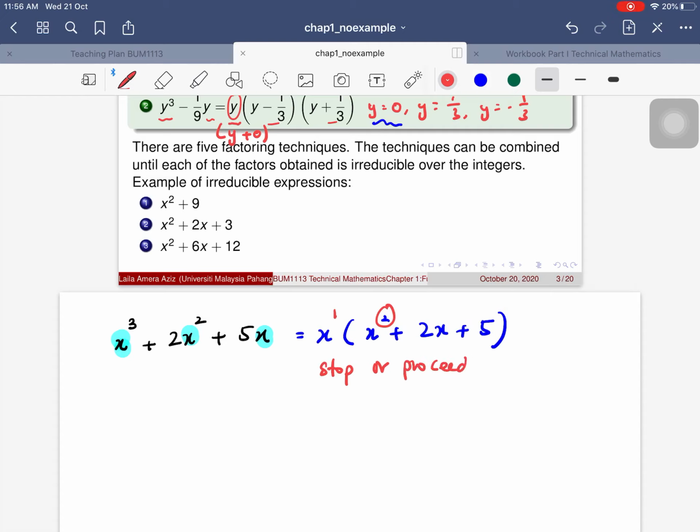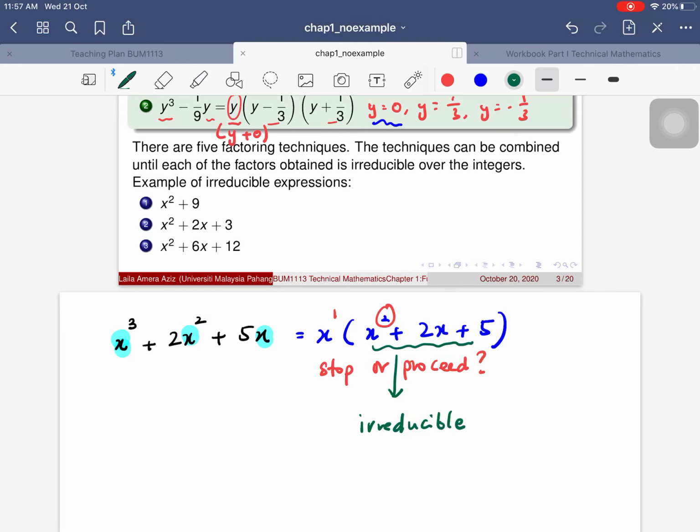So how do you know which one that you have to do, whether you're going to stop or proceed? It depends on the nature of this function right here. So what you have to do is put this function into your calculator and find the roots. If it's going to give you a real number, factorize it further. If it's going to give you a complex number, it is irreducible, then stop there. And for this case, we have seen this before. This is one example that I gave you before.